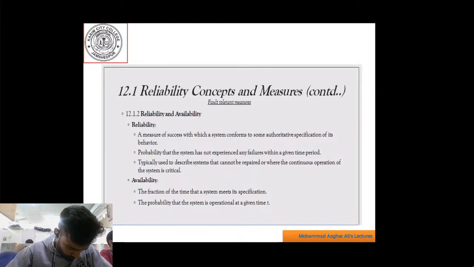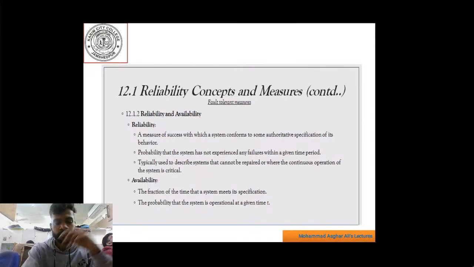Availability refers to the probability that the system is operational according to its specification at a given point of time. It is the fraction of time that the system meets its specification, the probability that the system is operational at a given time t.